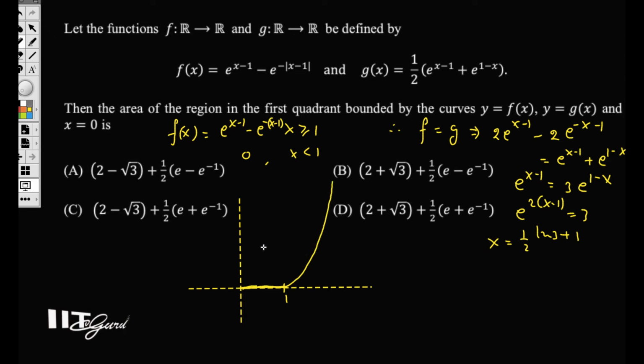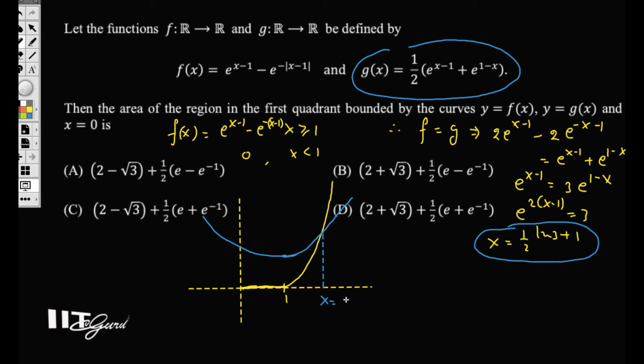Then for gx, at x equal to 1 it has a minimum point, so we get a curve like this, and beyond 1 it intersects fx at x equal to half of ln 3 plus 1.